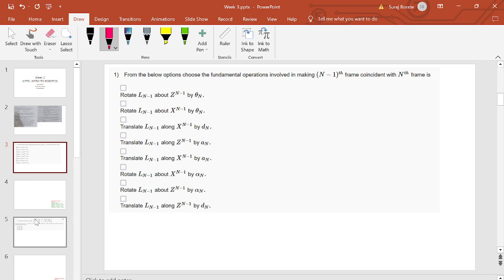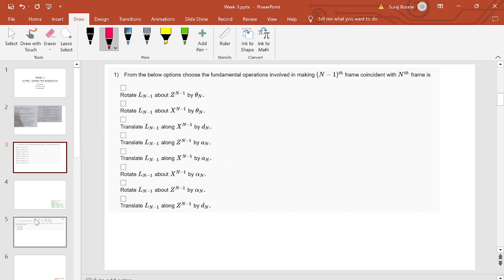From the options below, choose the fundamental operations involved in making the n minus 1 frame coincident with the nth frame. So there is this n minus 1 frame, and you have to perform some operations like translation and rotation. Four fundamental operations, corresponding to each DH parameter, are done.